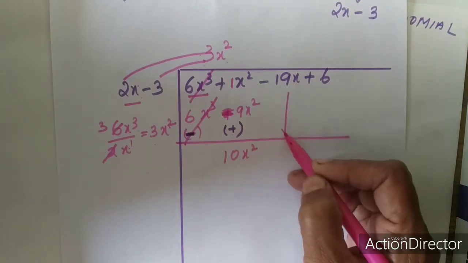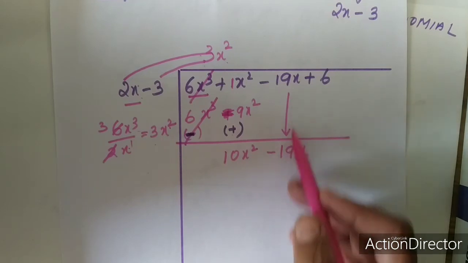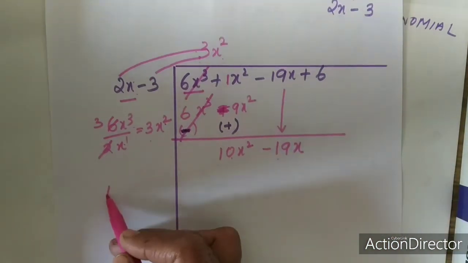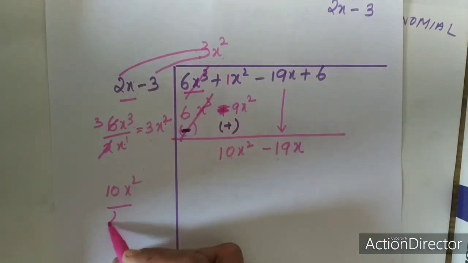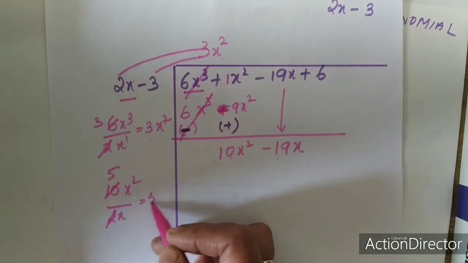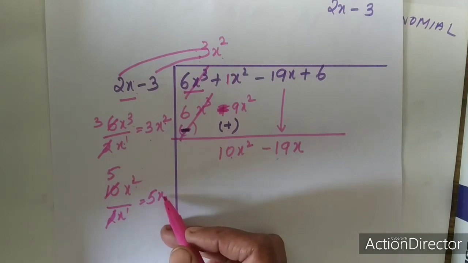Drop down the next term, minus 19x. So after dropping down the next term, again division over here. 10x², first term of the dividend, and the divisor is 2x. So 5 twos are 10, and my answer will be 5x. 2 minus 1 will be 1, x^1.